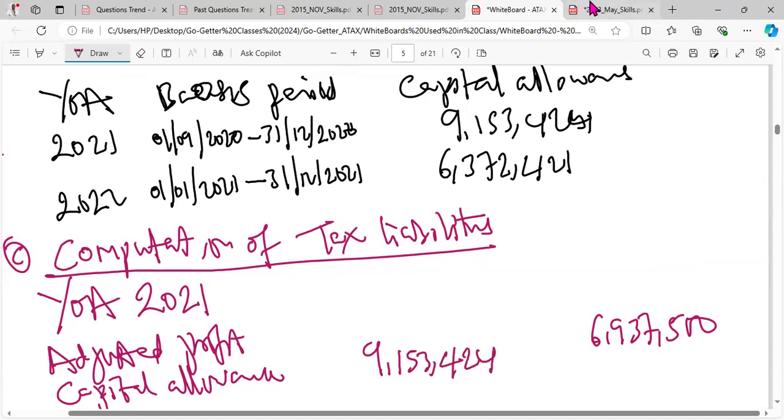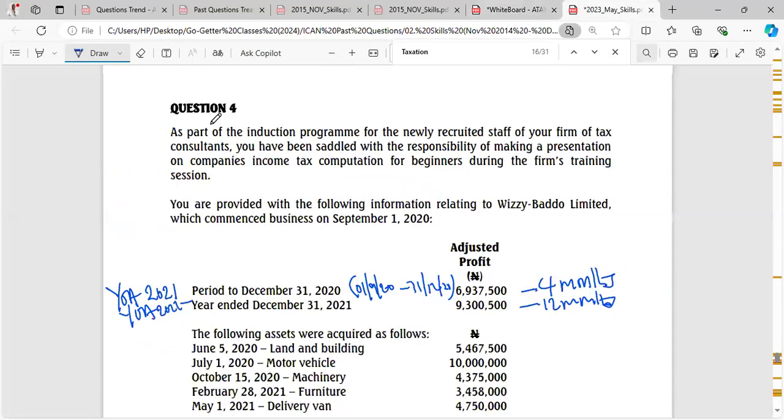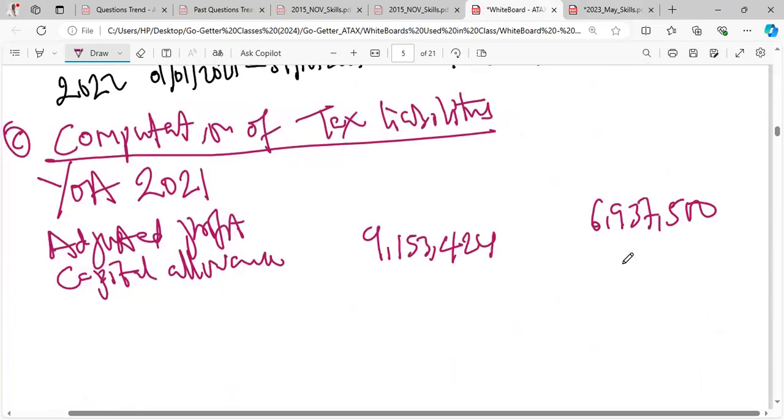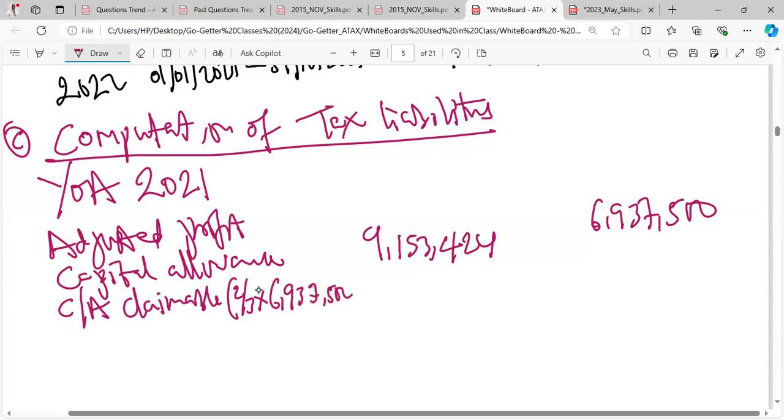9,153,424. Which kind of business is this people into? We are not told they have agriculture or manufacturing. So we are going to restrict your capital allowance to 2/3 of this. So you say capital allowance claimable. That would be 2/3 times 6,937,500.